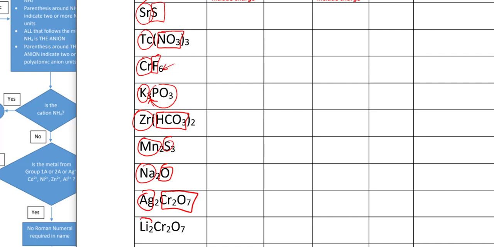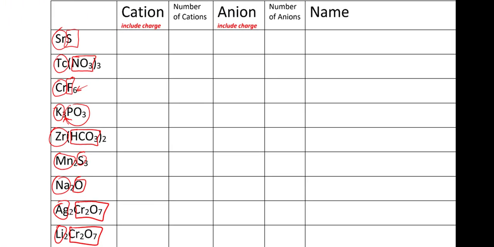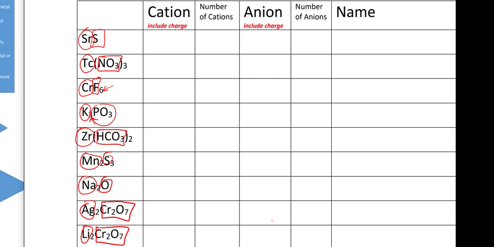Here is one with 2 lithiums and that same polyatomic anion. We're going to write the formula for the strontium cation. So you write Sr with the charge, and there is 1 of the strontium, and the anion is the sulfide, and there's 1 of those.